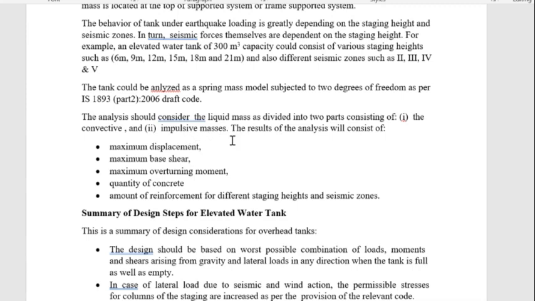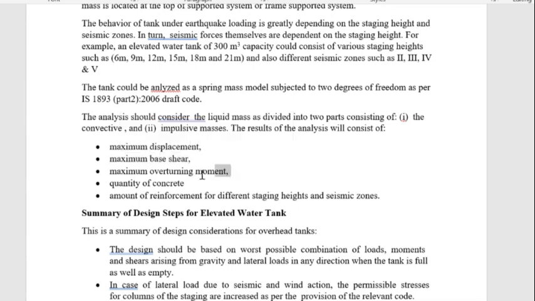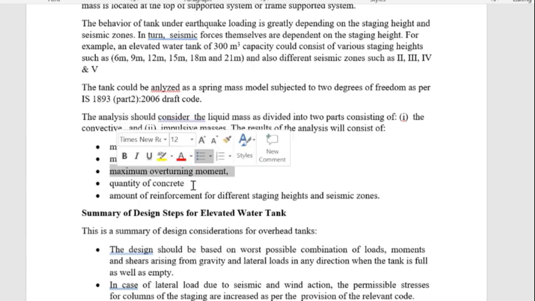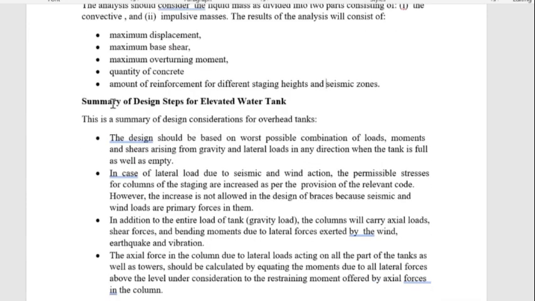And when you do the analysis, the results will consist of the maximum displacement, the maximum base shear, maximum overturning moments, and the quantity of concrete and amount of reinforcement for different staging heights and zones, for example, if you are doing a comparative analysis for academic purposes.